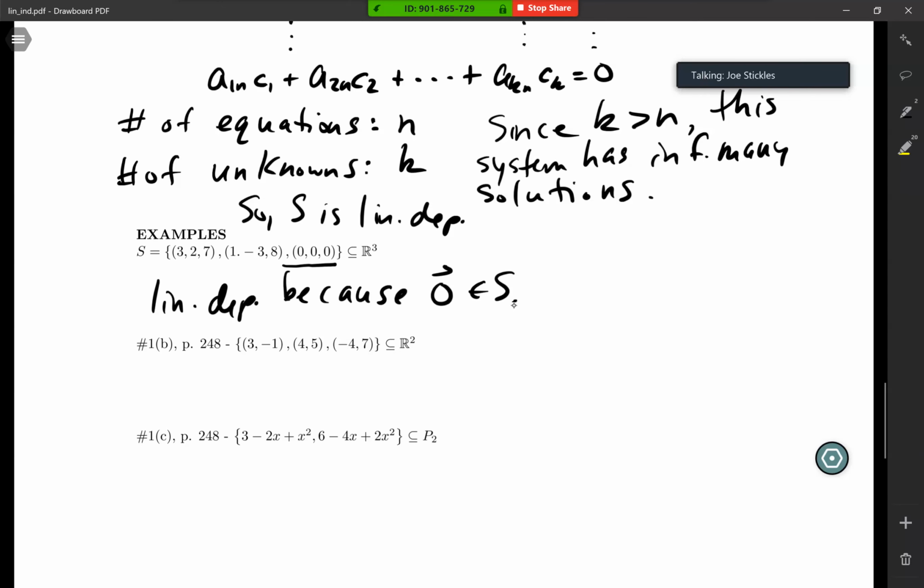The next example is actually problem 1b on page 248 of your text. What do you say about this particular set? Is it going to be linearly independent or linearly dependent, just by looking at it? This goes back to the last theorem.